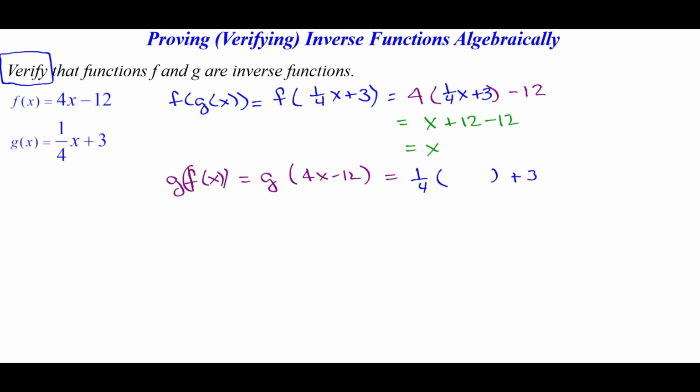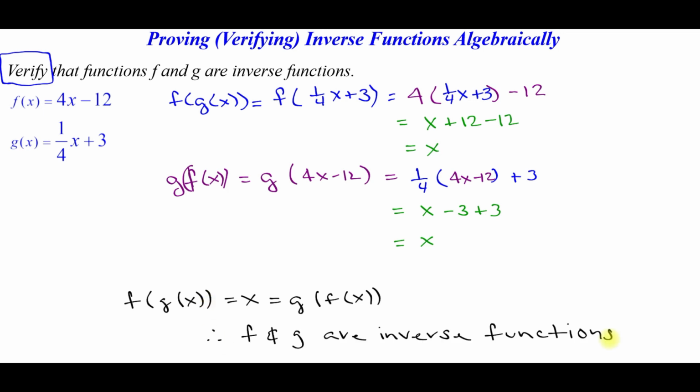Currently, what's in the parentheses is 4x minus 12. Again, doing some simplifying, 1/4 times 4x is going to give me x, 1/4 times minus 12 is going to give me minus 3, and then we've got the plus 3, which cancel out, and we have x. So we get f of g of x equals x, which also equals g of f of x. Therefore, f and g of x are inverse functions.